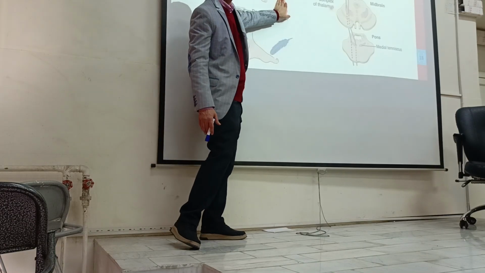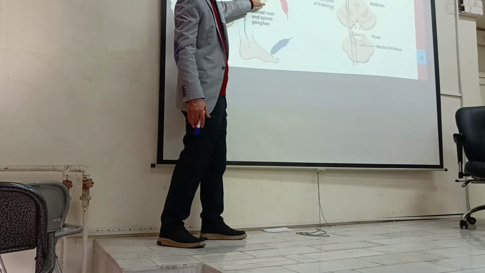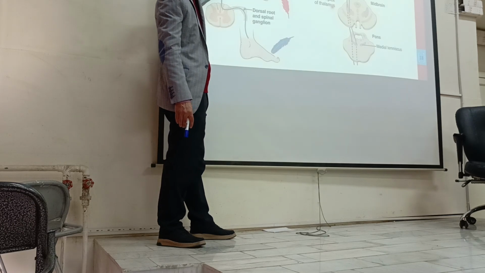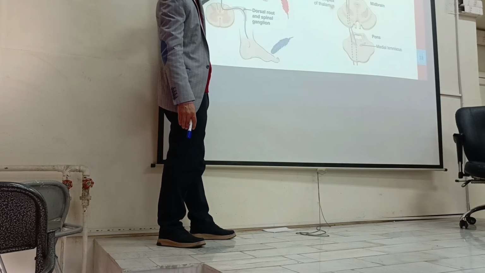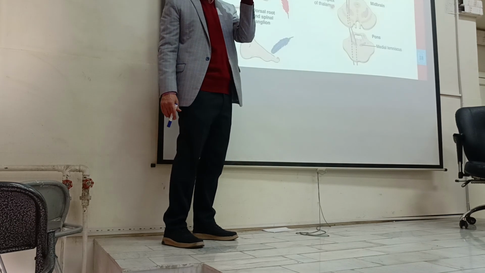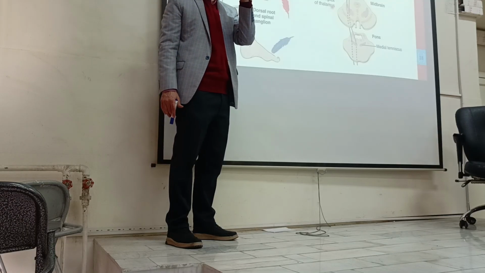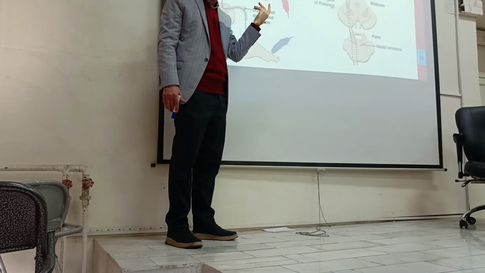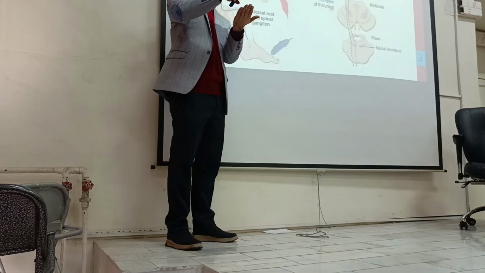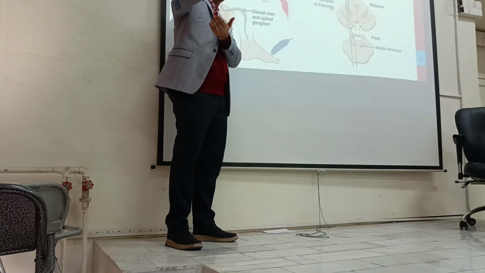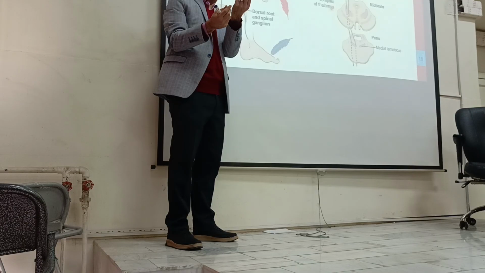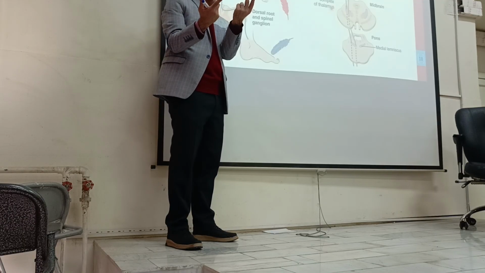Fibers from the fingers enter the cuneate fasciculus. So if we have a section from a cervical segment, imagine that you cut this spinal cord at the same cervical level. So what do we have in a dorsal column?